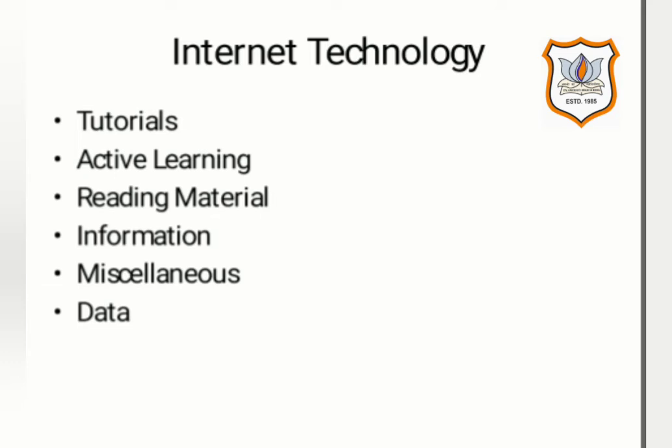Fourth one, information. We can get information about various universities or even various types of degrees or courses in economics. Miscellaneous. Quotes made by various economists, even names of reference books are available on the internet.